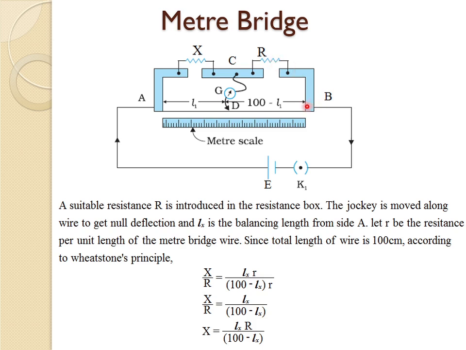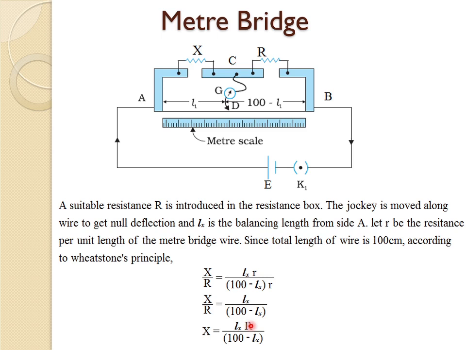That means for a given resistance capital R, we have two balance lengths. So we take the average value, substitute this average value of Lx in the above expression, and find the value of X.